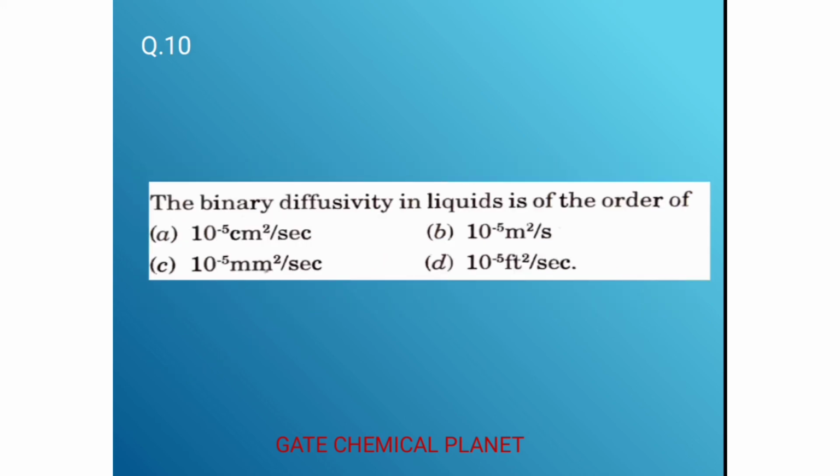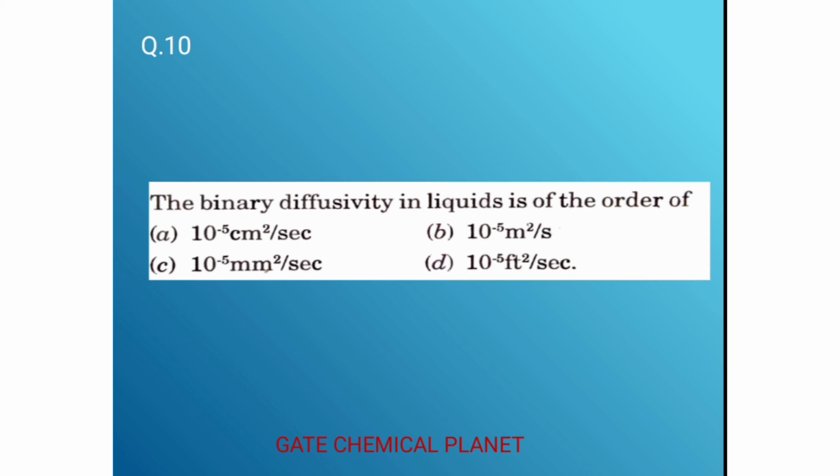The binary diffusivity in liquid is of the order of 10 to the power 5 centimeter square per second, 10 to the power minus 5 meter square per second, 10 to the power minus 5 millimeter square per second, or 10 to the power minus 5 feet square per second.